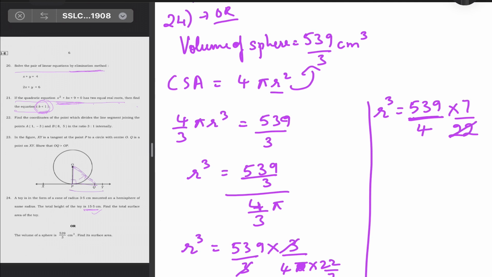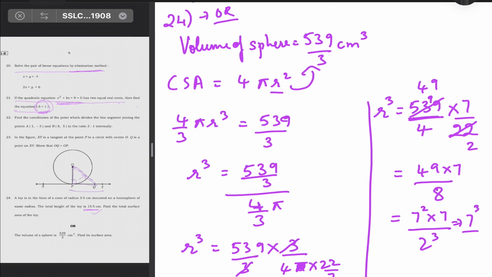On simplifying, 11 2s are 22, 11 4s are 44. Remaining is 49. 11 9s are 99. That is equal to 49 into 7 by 8, which is nothing but 7 square into 7 divided by 2 cube, nothing but 7 cube by 2 cube. So r cube is equal to 7 by 2 whole cube. Therefore, r is equal to 7 by 2.